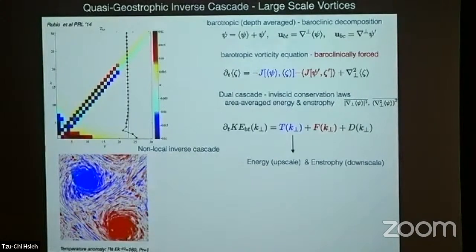The vortex changes the injection scale of the fluid and where the injection is dumped. In this tail, this is the forward cascade of the entropy. So in this plot you can see entropy going downscale in a local manner, and energy going upscale in a non-local manner. This is what the transfer plot is showing.